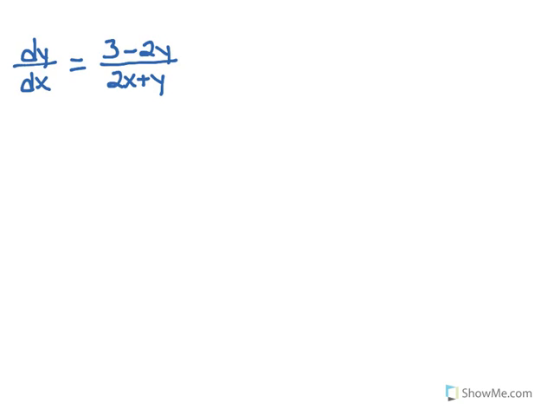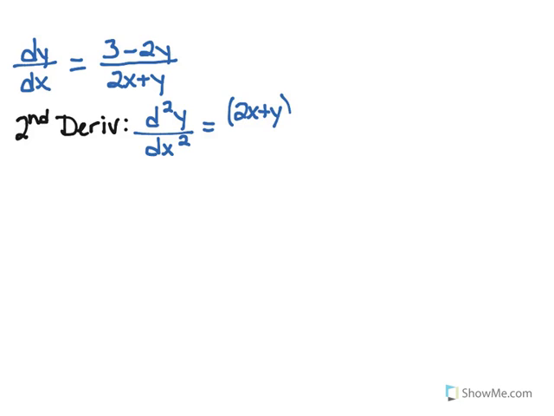Now that we have our first derivative, we need to find the second derivative. This is going to require the quotient rule. So, second derivative, d squared y/dx squared is equal to, we're going to use the quotient rule. Low, 2x plus y.